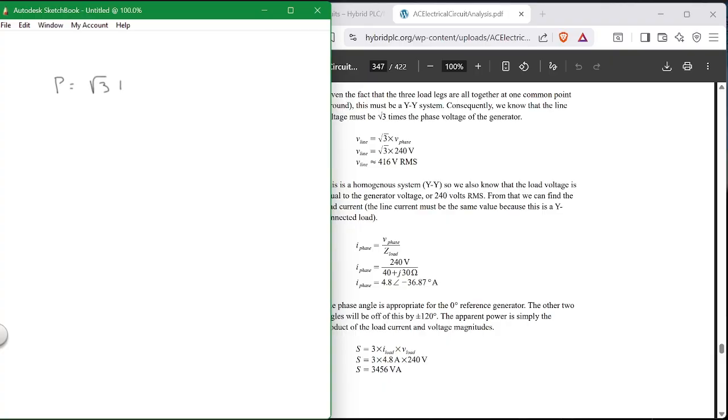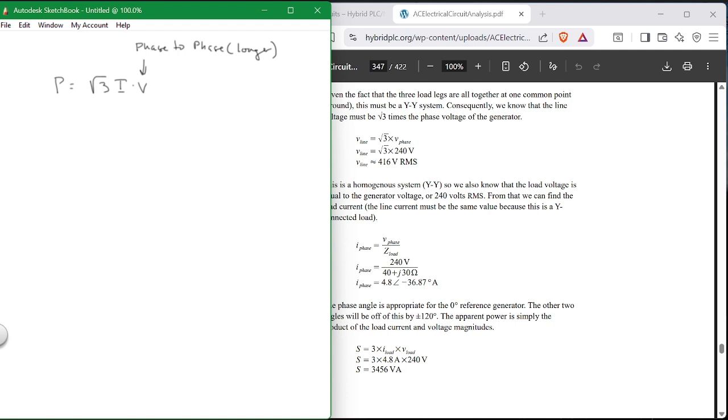Square root of 3 times I times V. And this V is the phase to phase, or the longer one. Okay? But if you say this is square root of 3 times the shorter one, he's square root of 3 times the square root of 3, which is 3, and that's why he gets this number 3 here.